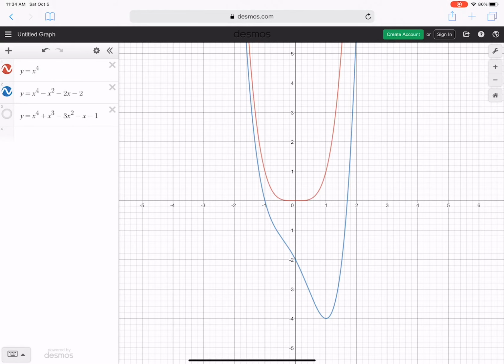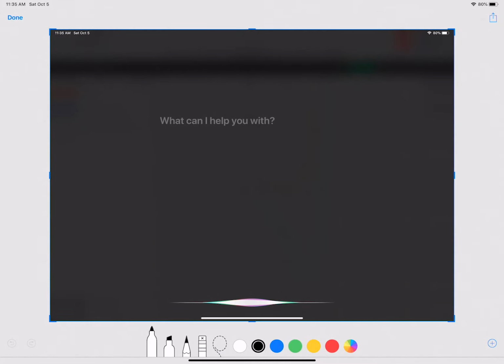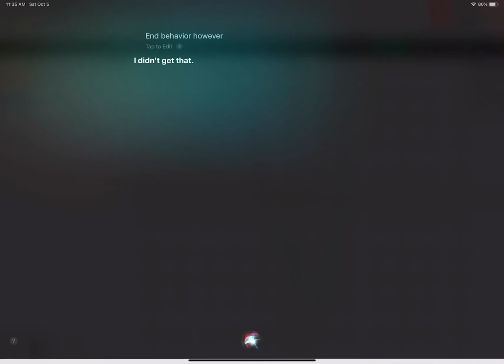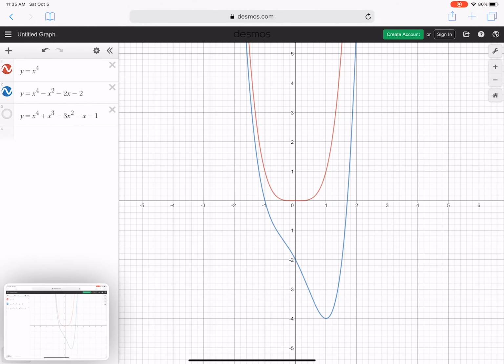What you're seeing, the similarity in terms of end behavior, however, ugh, I keep screenshotting. I didn't get that. There we go.